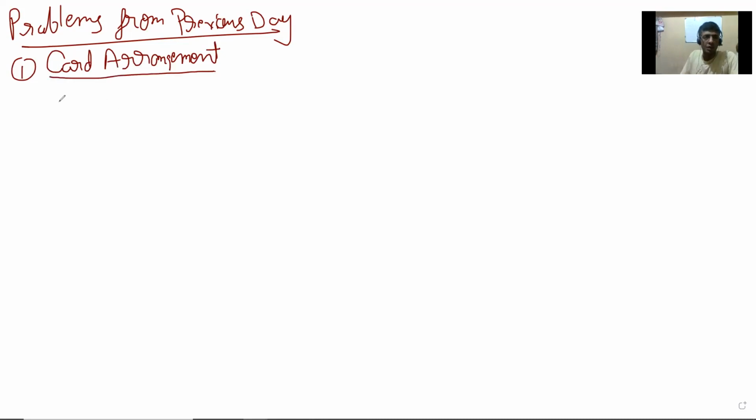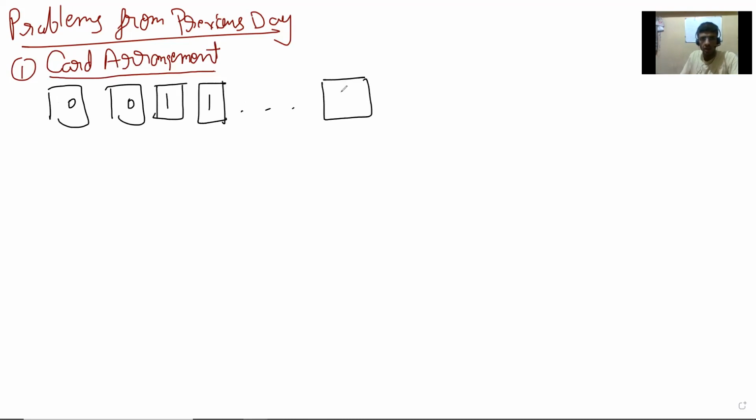So we had initially these 2 copies of each card. Card one also we had 2 copies and so on. And, 9, 20 cards, 9. Okay.